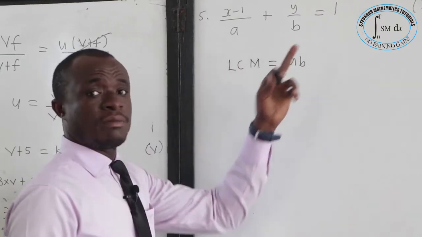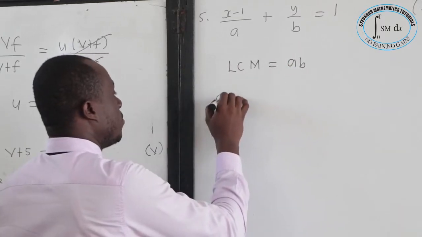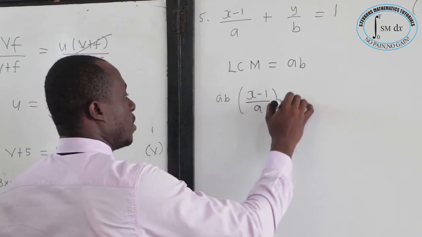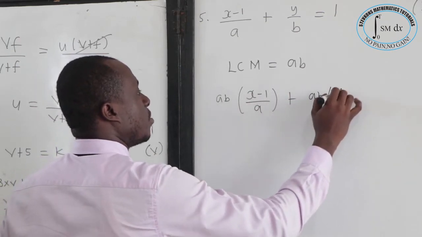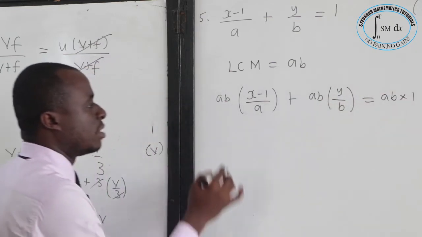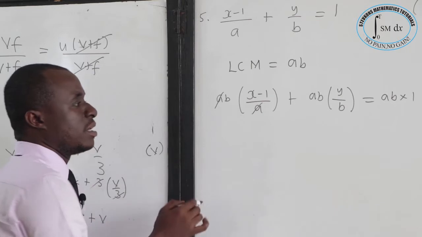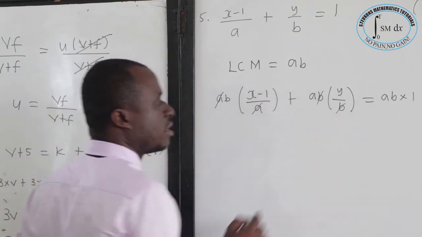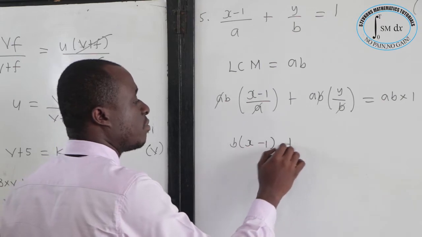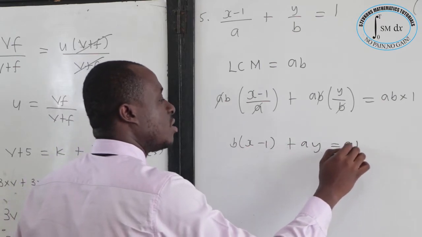Now we multiply each term by the LCM. So you have ab times x minus 1 all over a plus ab times y over b equal to ab times 1. Let's see, this a is cancelling out that a, this b is cancelling out this b. Now what do we have? We have b times x minus 1 plus ay equal to ab.